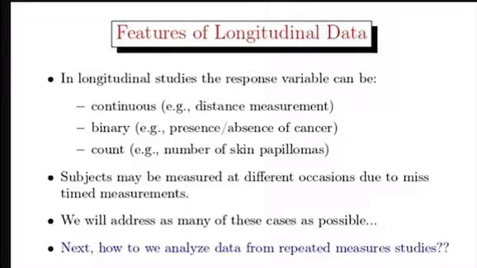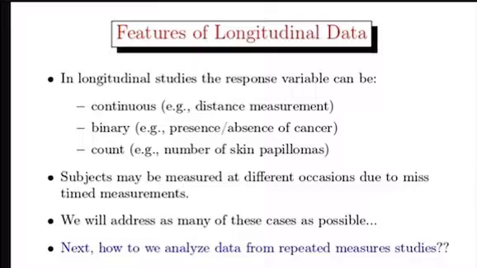Okay, now let's talk about the features of the longitudinal data. We're starting from the response variable. The response variable in a longitudinal data can be continuous, can be binary, can be counts. For you to use a linear regression, your response variable has to be continuous. When your response variable is binary, you can no longer use linear regression, but a logistic regression.